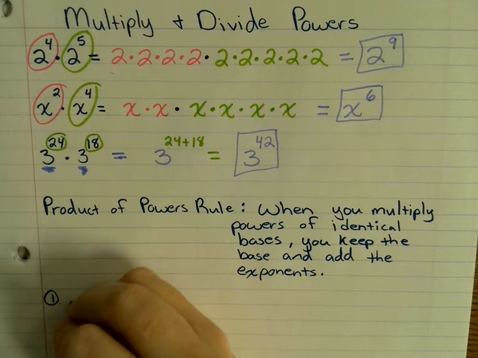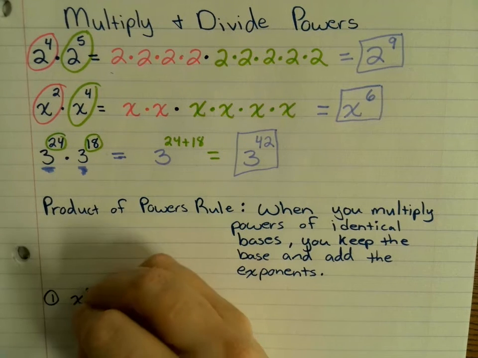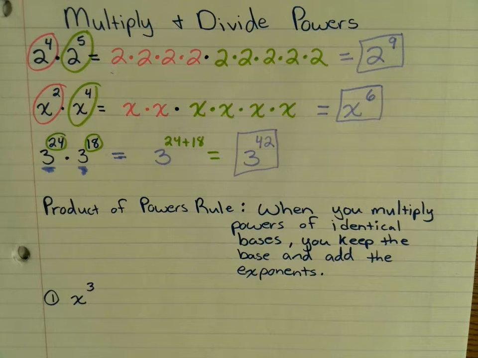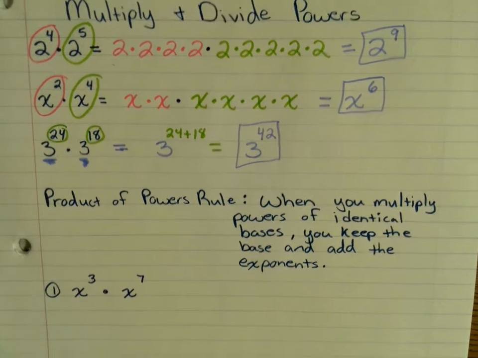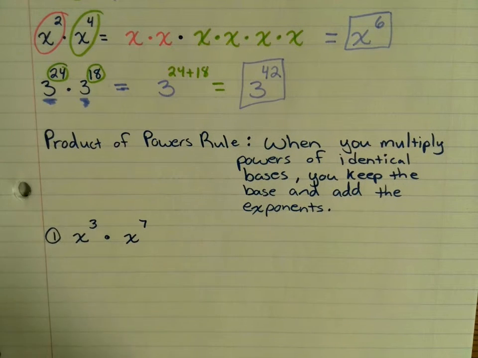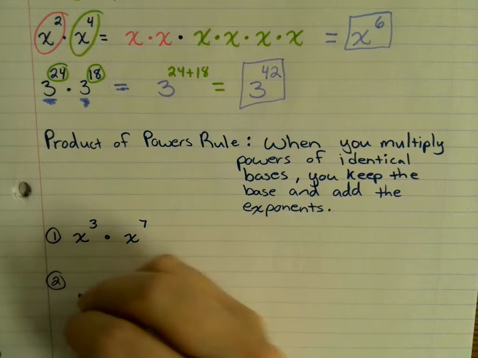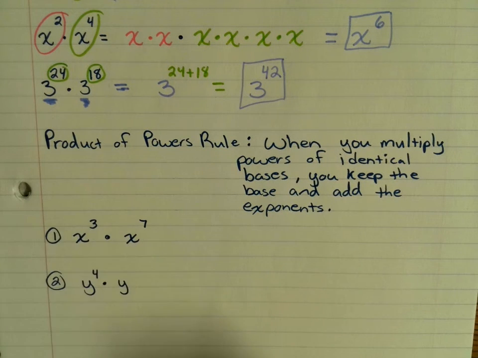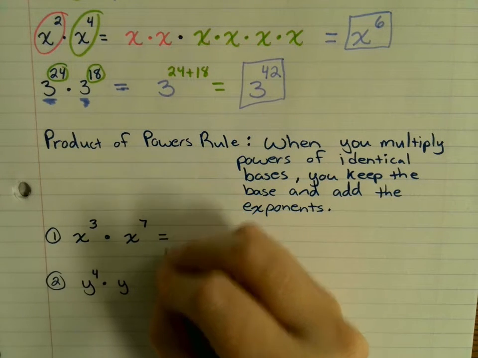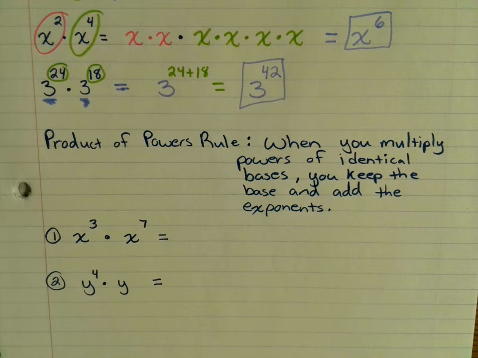So I'm going to give you 2 problems to try on your own. We have x to the 3rd times x to the 7th. And then I have y to the 4th times y. Try those 2 on your own.